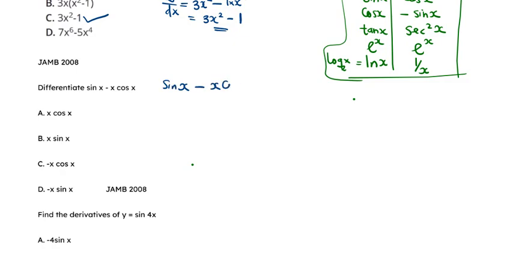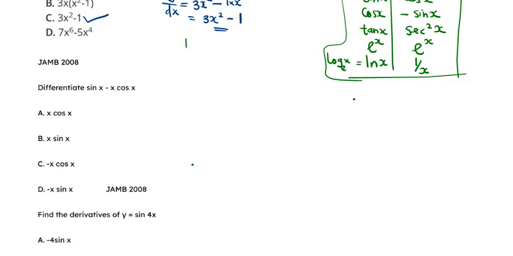If you look closely, you see that this is a function x multiplying another function cos x. So this is a product of functions. Whenever we want to deal with this kind of case, all we need to do is use what we call the product rule.